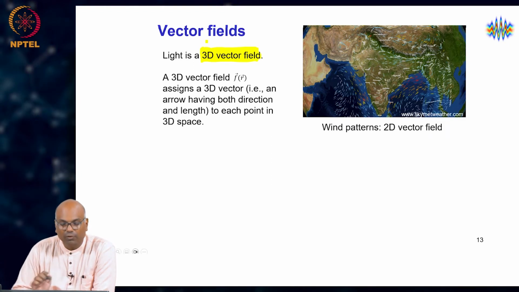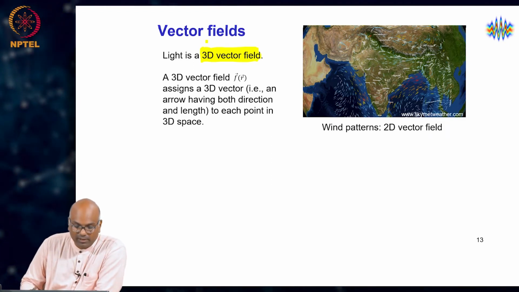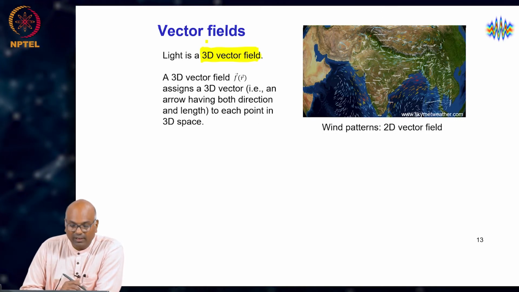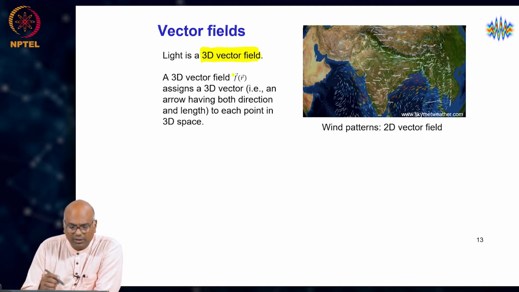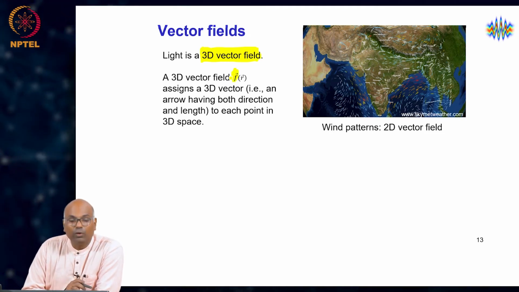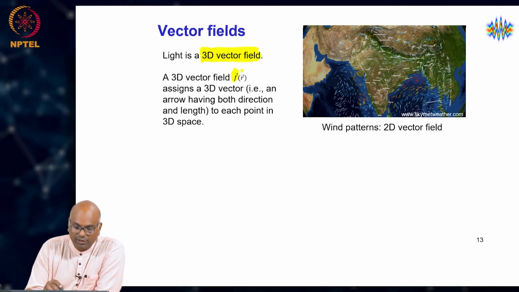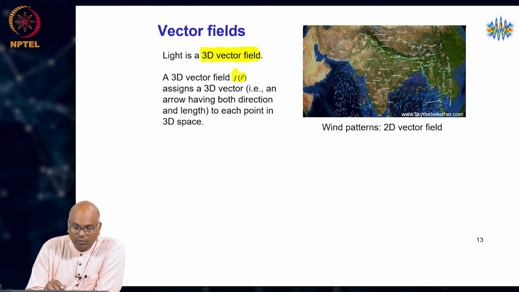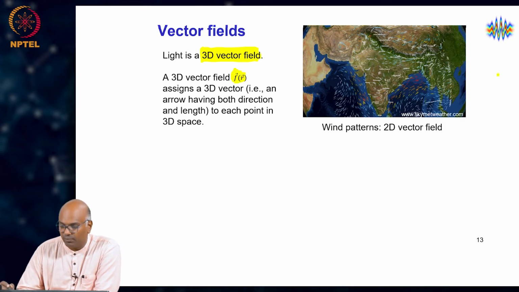Again, for an advanced student, this is easy stuff. A vector field in 3 dimensions is a function f, but please note that f here has an arrow on top. So, it is a vector valued function, essentially having a value for this so called vector field at every point r in space.